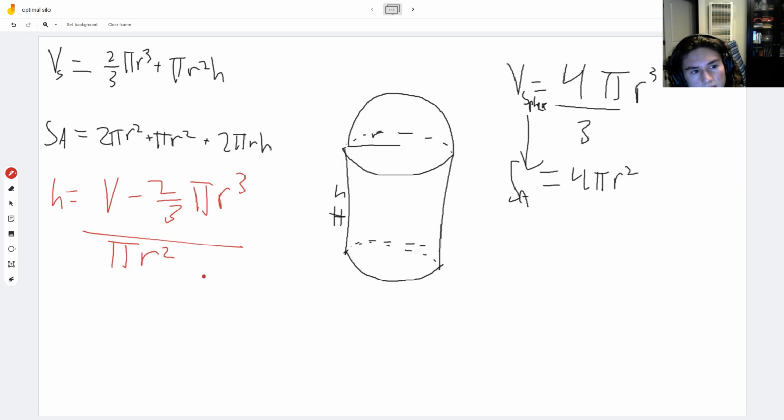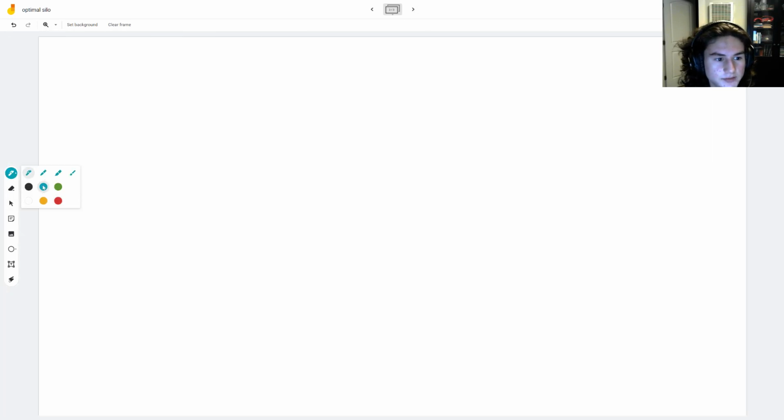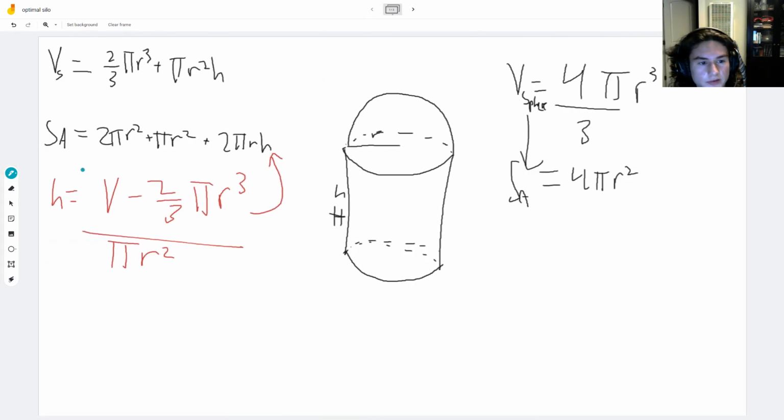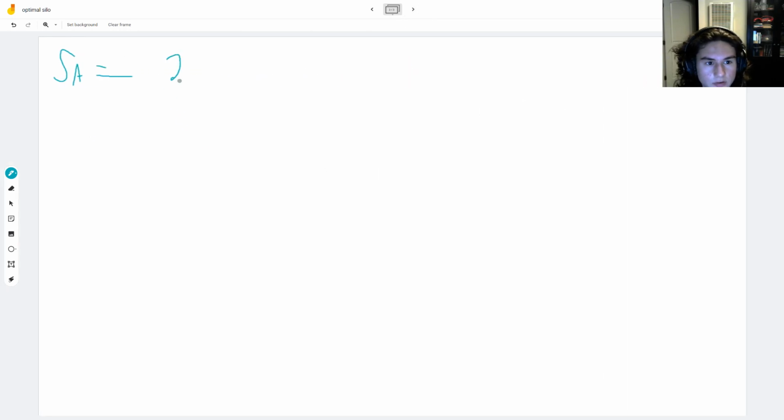So now that we have an expression for h, we're going to sub this into the surface area equation for h. So we get rid of our h variables, so then we only have variables in terms of r. On the next page, I'm going to write out the surface area equation now, except with our h plugged in. So that's 2 pi r squared plus pi r squared. I'll just say 3 pi r squared.